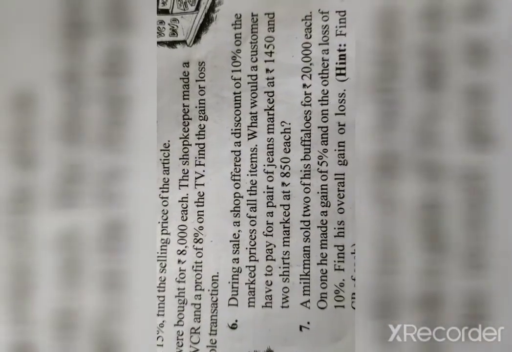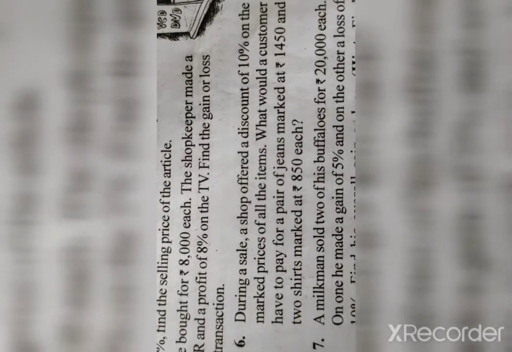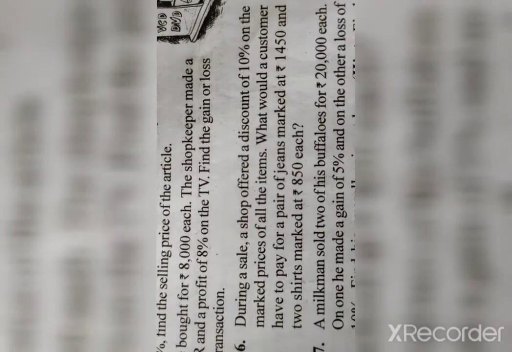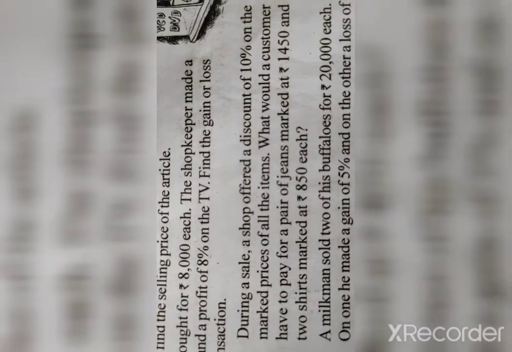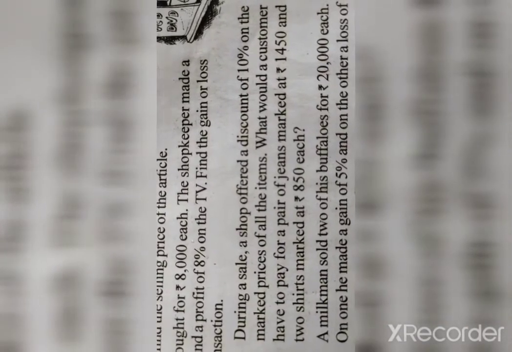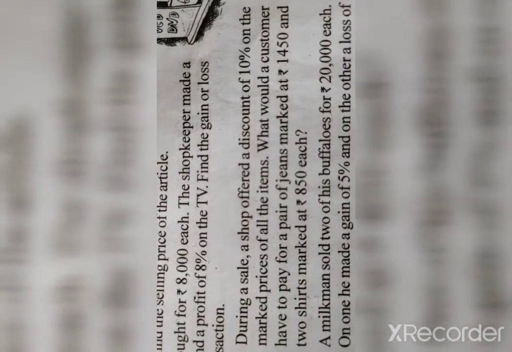Now see here, during a sale, a shop offered a discount of 10% on the marked price of all the items. So what would a customer have to pay for a pair of jeans marked at rupees 1,450 and 2 shirts marked at rupees 850 each.